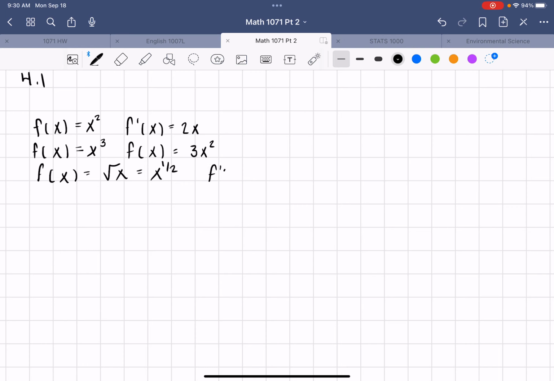Can I write that this way? The 1/2 is a half, and I have root x in the denominator. Do you remember how to write that in power form? Negative 1/2, is that okay? Negative power means reciprocal. Fractional power means root. Are we okay with that?